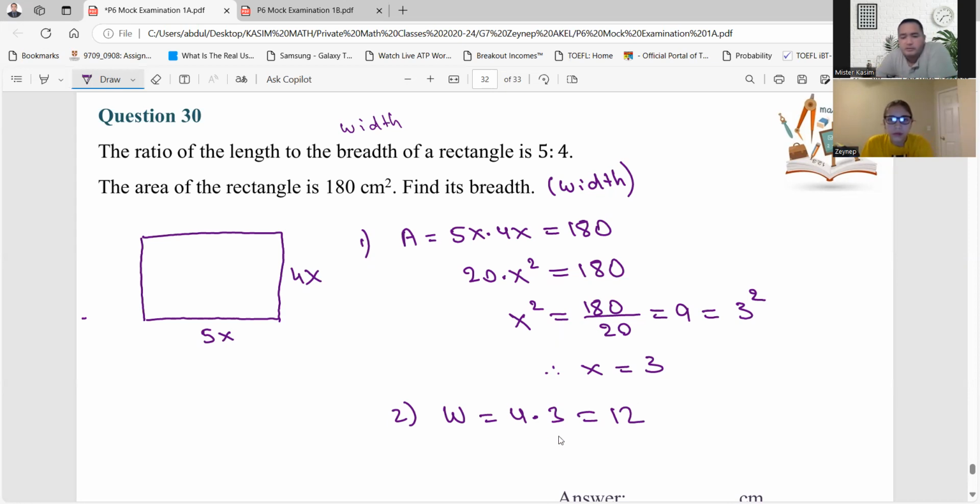If you remember, Zainab, when we talk about ratio, 5 to 4 means that if the length is 5 units, the width should be 4 units, right? Ratio means this. For example, you have $20 and I have $30.